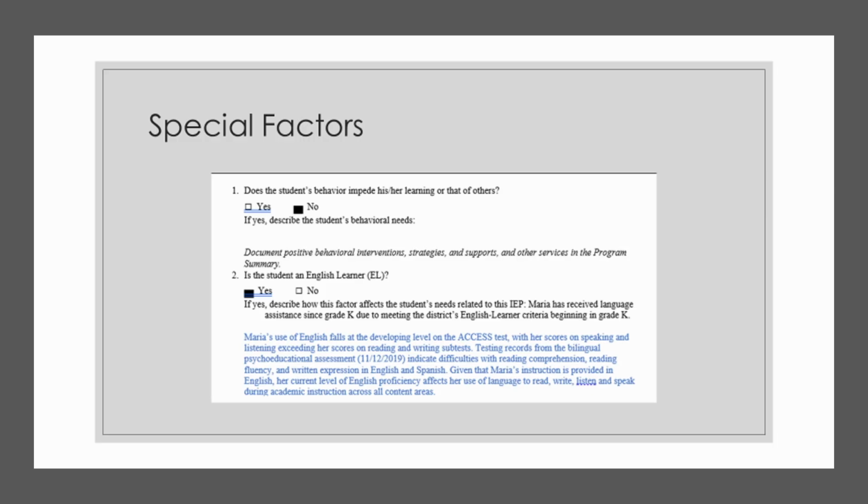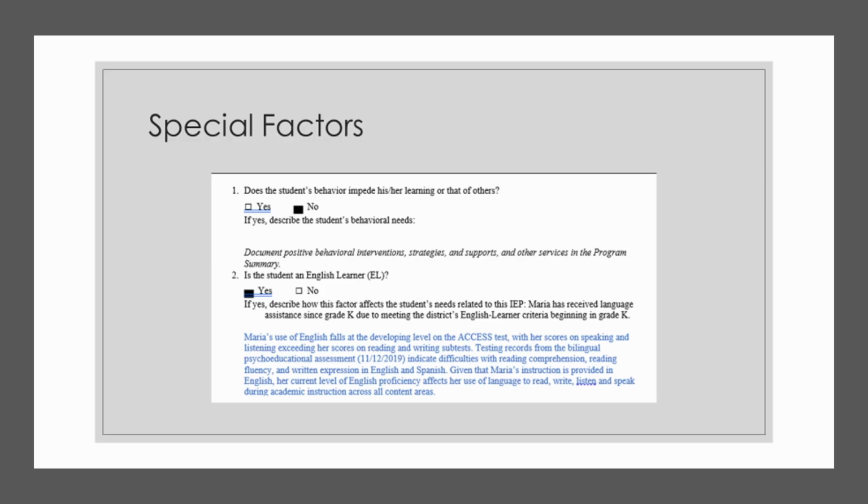For Maria, her behavior does not impede the learning of others. She is classified as an English learner. Her use of English falls at the developing level on the ACCESS test, with her scores on speaking and listening exceeding her scores on reading and writing subtests, an expected profile in second language development.